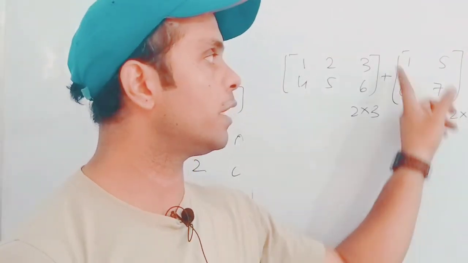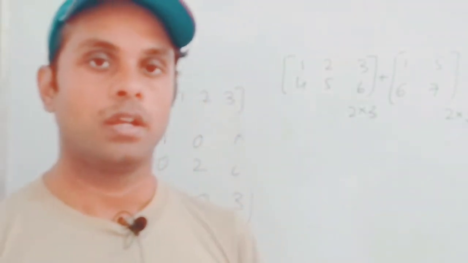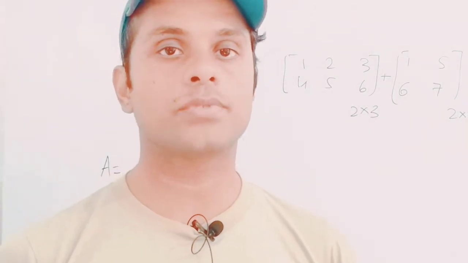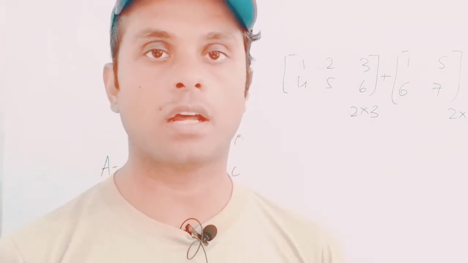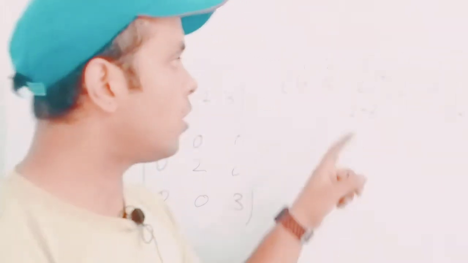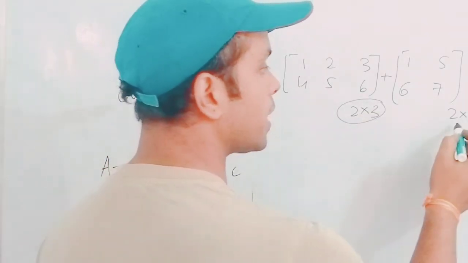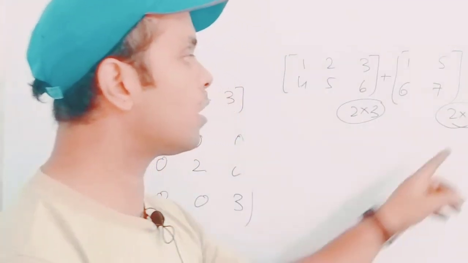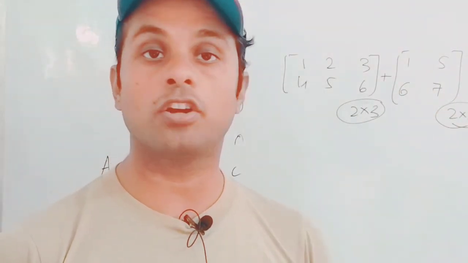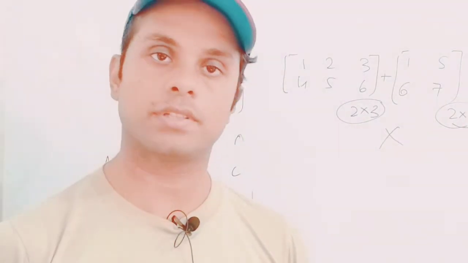Similarly here there are 2 rows and 2 columns, so order is 2 by 2. Now what I told you earlier, matrices of the same order can be added or subtracted. So look in this question, the order of the first matrix is 2 by 3, which is not the same as the order of the second matrix. So these two matrices cannot be added.